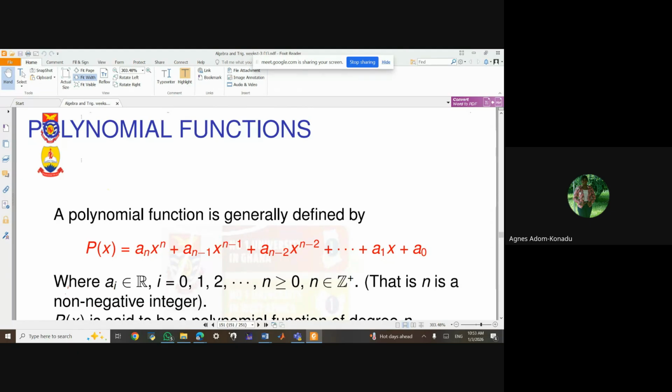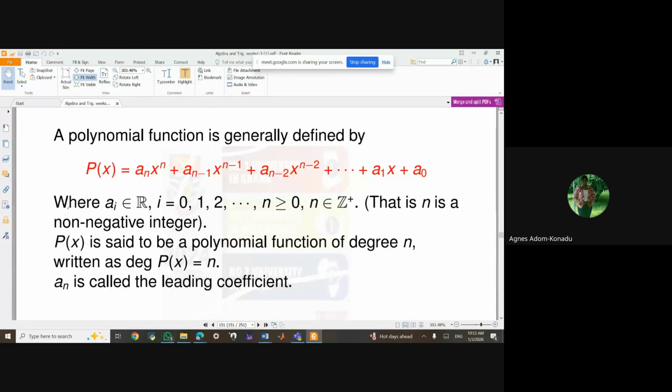So next, we want to start with the polynomial functions. The linear function and the quadratic function are all polynomial functions. They are special cases under polynomial function. A polynomial function is generally defined by a sub n s to the power n plus a sub n minus 1 s to the power n minus 1, and so on down to the constant, where the a sub i's are in R, and i is from 0 up to n.